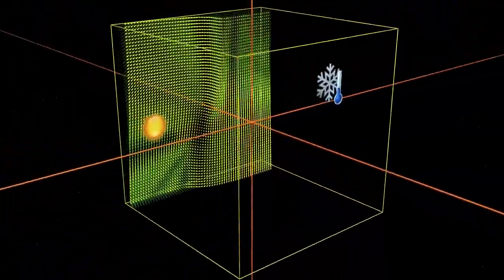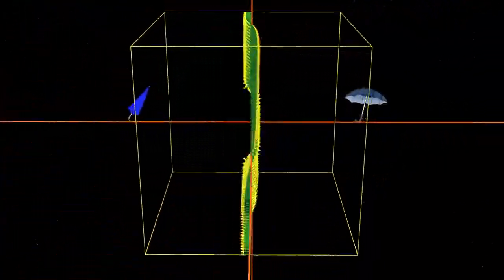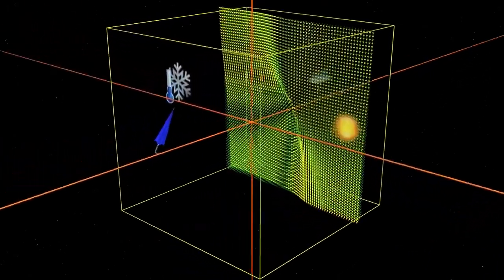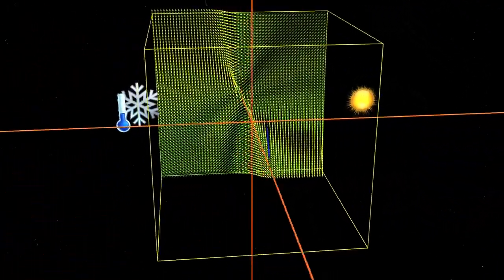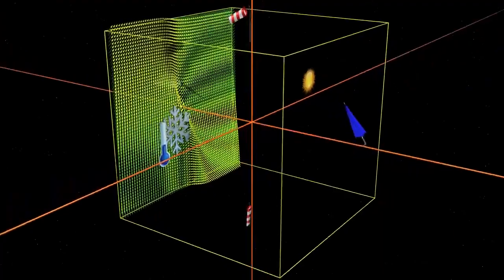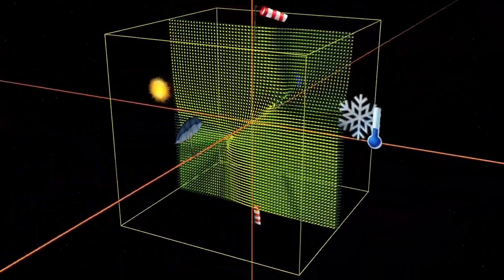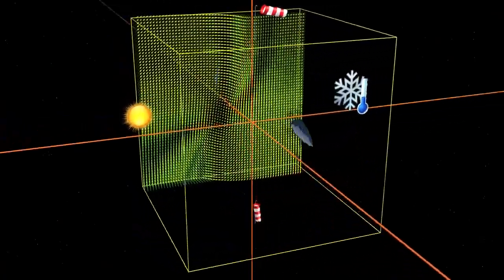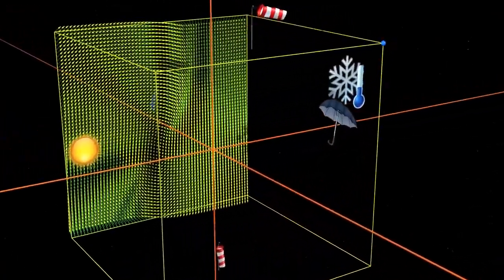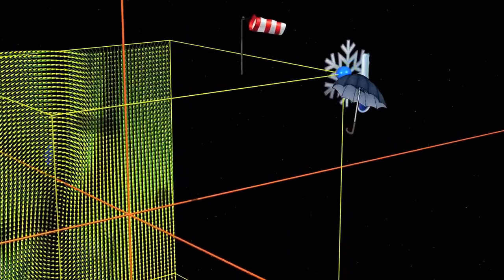For example, and this is only an example, the first coordinate could represent the temperature, the second, the wind speed, and the third, the humidity. Over here, it is cold, breezy, and rainy.